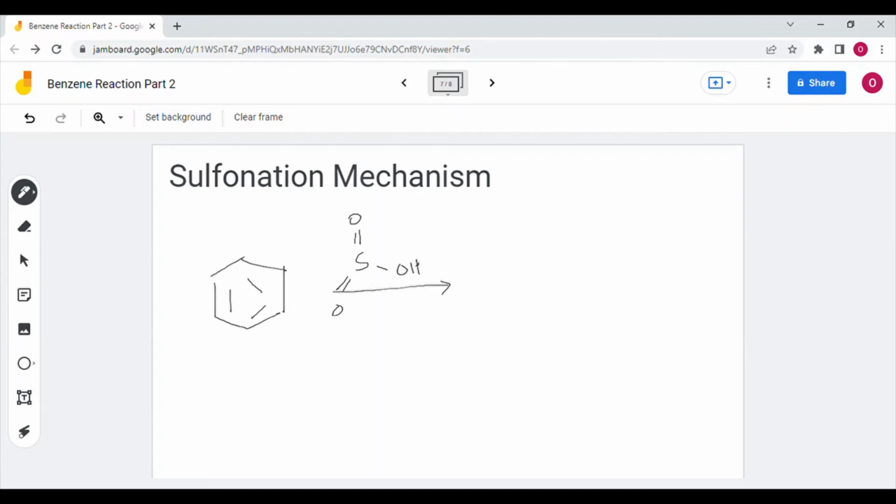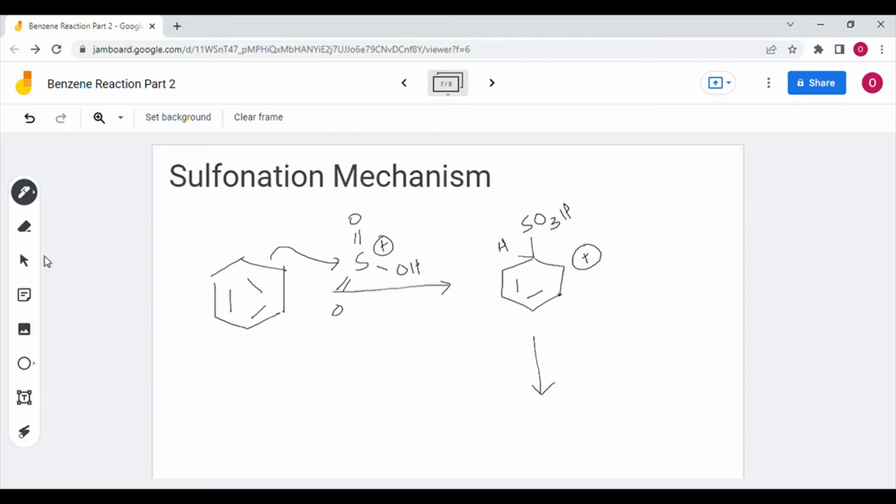Specifically, one of the electrons on the benzene is going to attack the sulfur, thus producing this molecule now. Right, and we know that there's going to be a plus charge here. And in order to restore aromaticity, we have to use some kind of base to deprotonate the hydrogen and basically use those electrons to reform aromaticity.